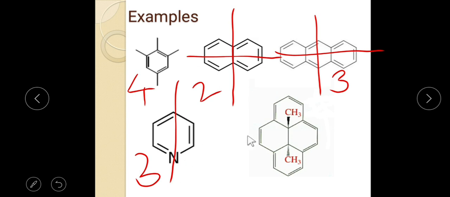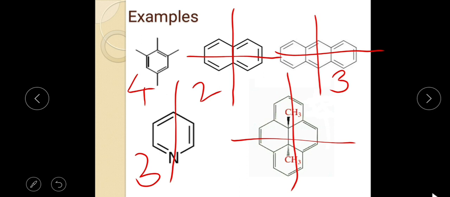So let's consider this molecule. Okay, in this molecule let's draw the planes. I will draw the plane for this molecule. We have a plane passing through this and this. Okay, so we need to consider only one part from the 4 parts.